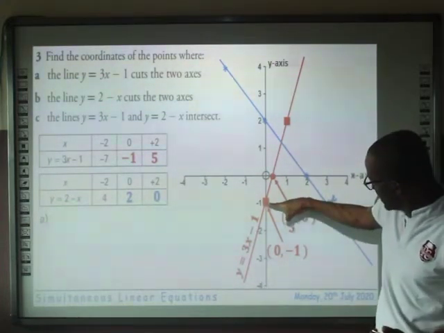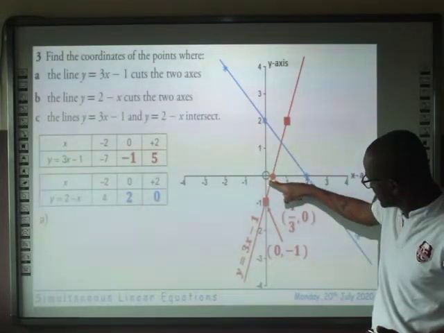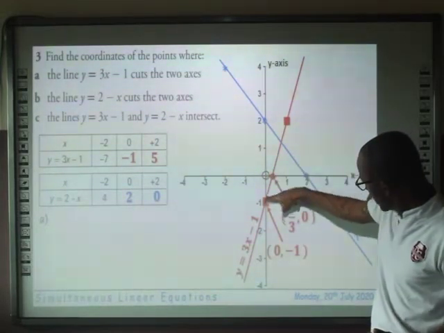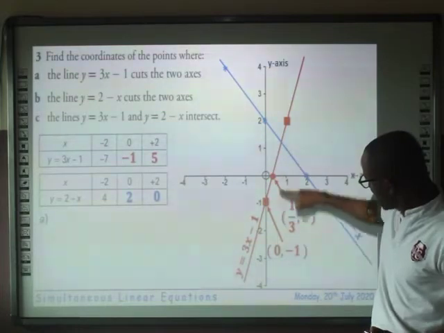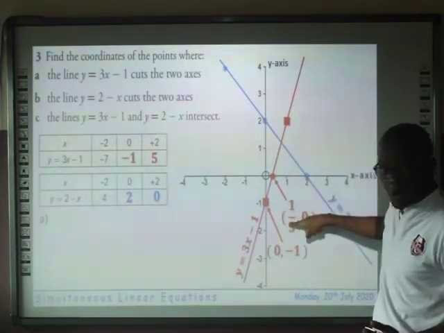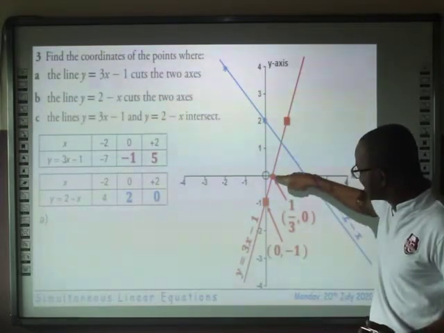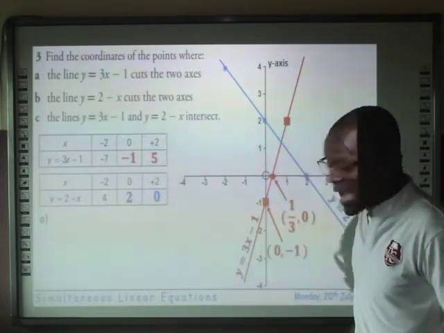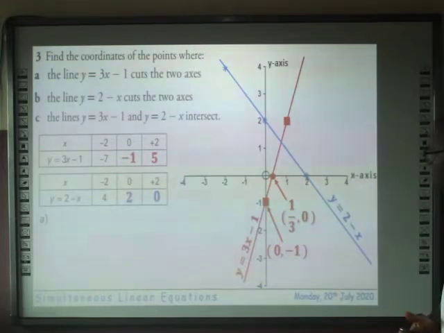At that point, the x-coordinate is 0, and the y-coordinate is -1. And over there, the x-coordinate is 1/3, and the y-coordinate is 0 because it's sitting on the x-axis. Alright?